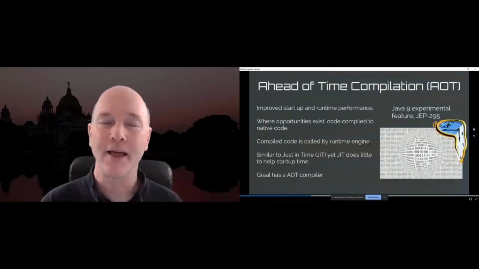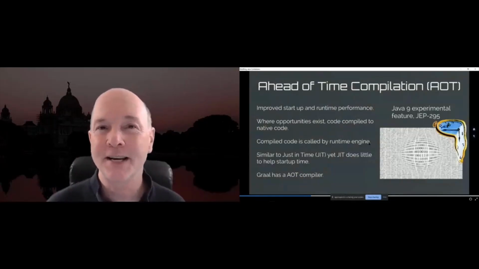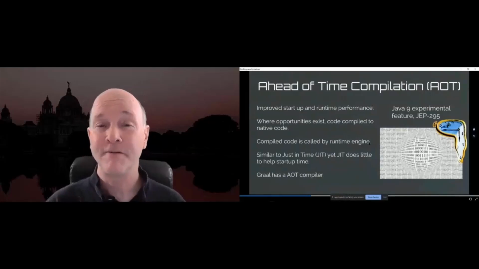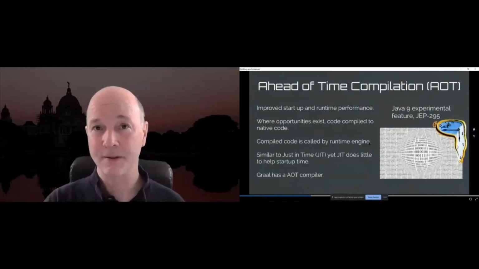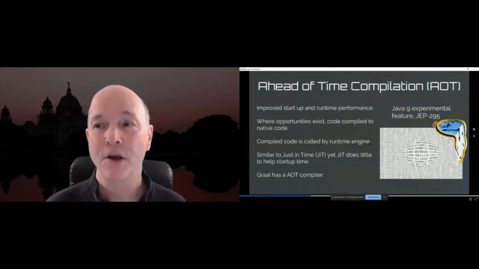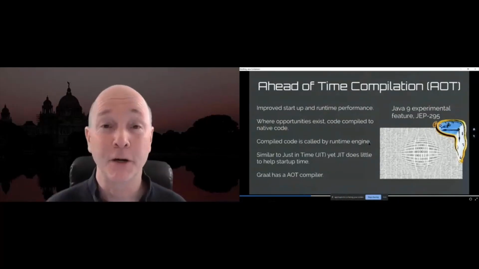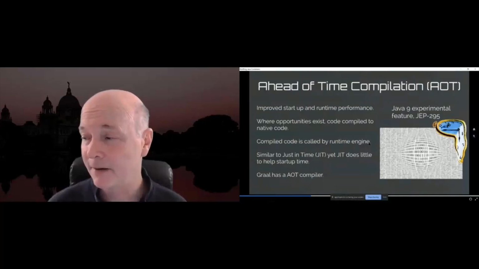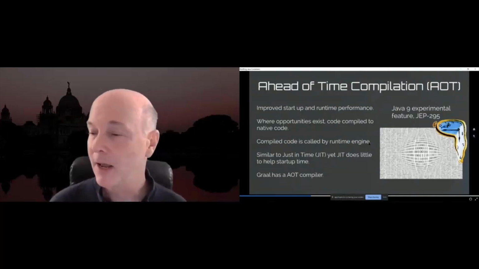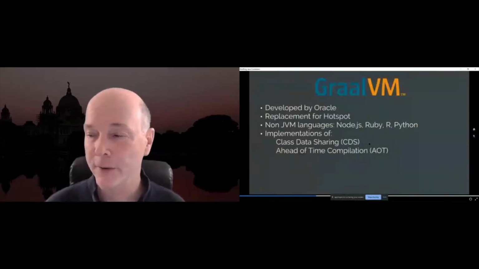So there's this idea to figure out at compile time that we want to pre-compile the startup of the application so that it starts up faster. It's another thing that was added in Java 9 as experimental, and is now part of the JRE.